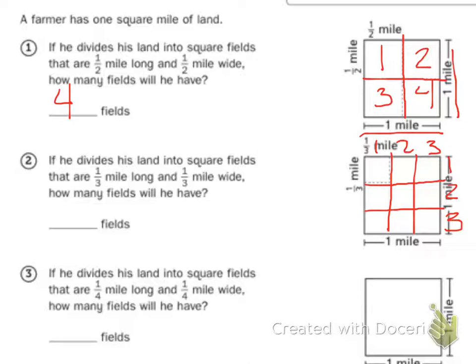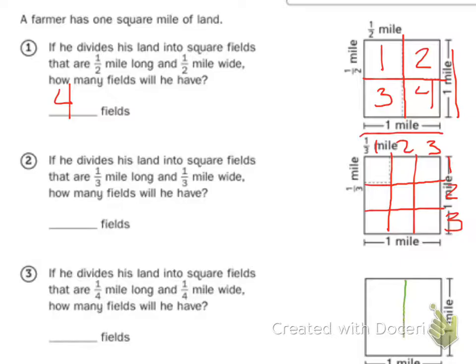Number 3 says if he divides his land into square fields that are 1/4 mile long and 1/4 mile wide, how many fields will he have? So that means I need to divide each side into fourths. So here, I'm going to change my color. Hold on, that wasn't good.